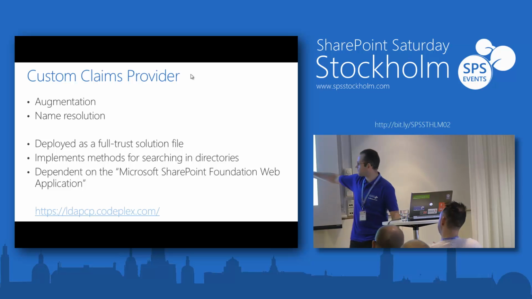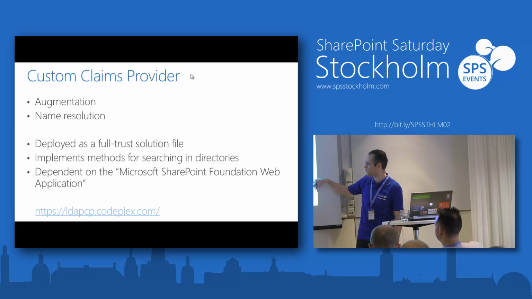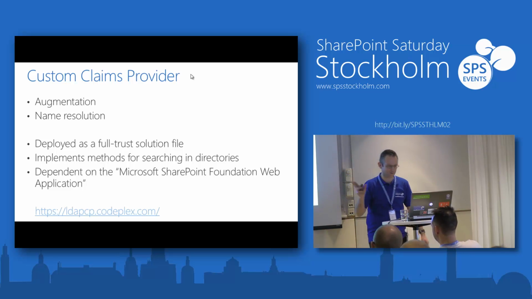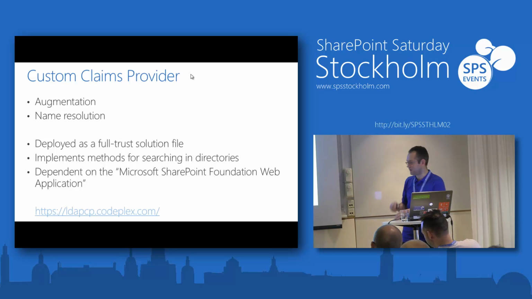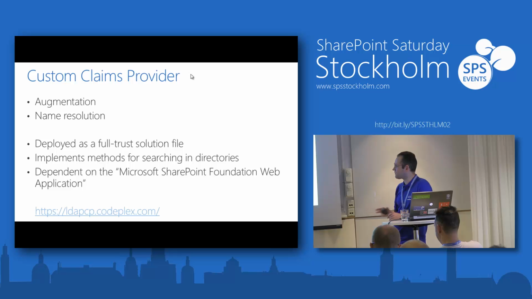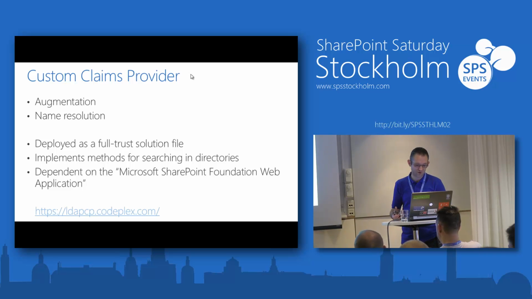But because a solution file is dependent on the web server function, so the Microsoft SharePoint Foundation Web Application that you see in services on server, it has to be activated on all servers in your farm. So some people deactivate this on application servers. If you want to use a custom claims provider, don't do this. Leave it active on all servers. Otherwise, the solution or the DLL won't get deployed to all your bin directories on all your servers, and you will probably need it. This custom claims provider can be used for two things.